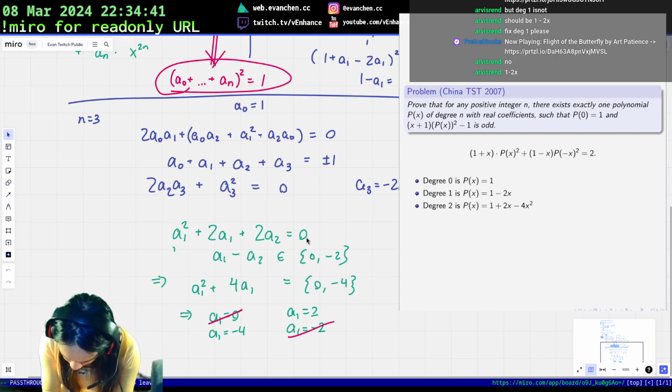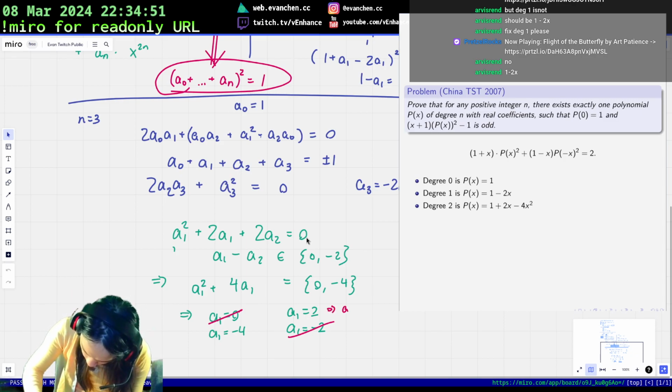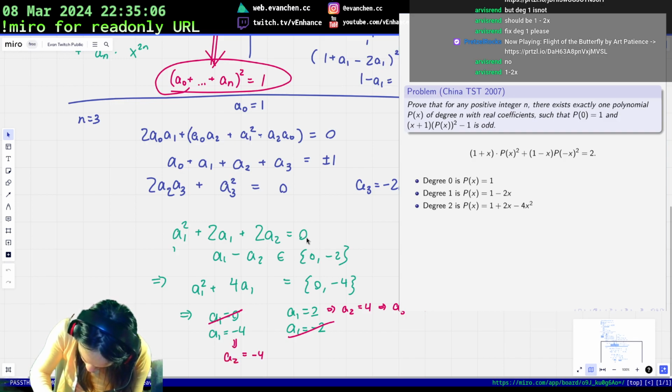So if a1 equals 2, and we're in the minus 2 case, this gives a2 equals 4, and hence a3 equals minus 8, which doesn't kill anything. This one gives a2 equals minus 4 and a3 equals plus 8.